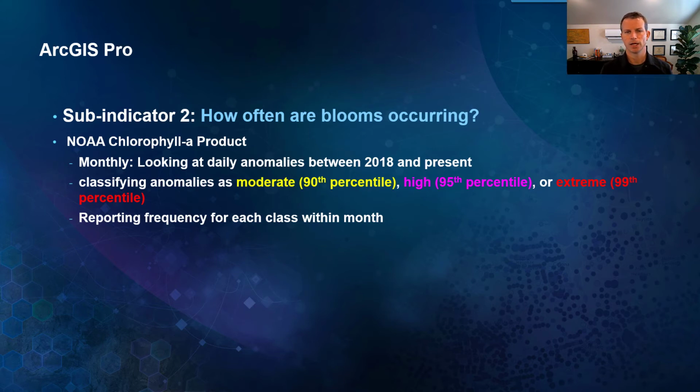Every day there's not a valid collect due to the nature of satellite observations. So we would see how many valid collects were within a pixel, and then compare these moderate, high, and extreme levels to that number of valid collects and derive a frequency.